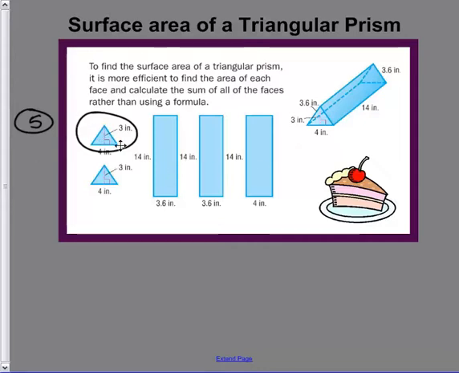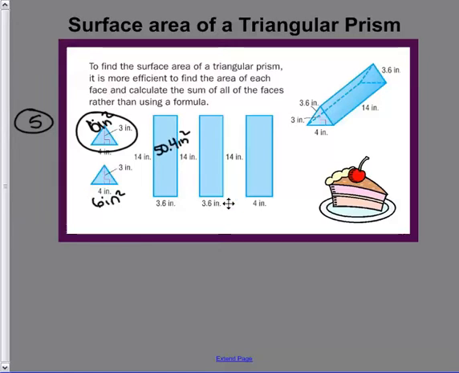So if I looked at this one, 4 times 3 is 12, and cut in half, because that would be the triangle's formula, would be 6 inches squared. So this one is also 6 inches squared. The area for a rectangle is the base times the height, so 14 times 3.6, or 50.4 inches squared.